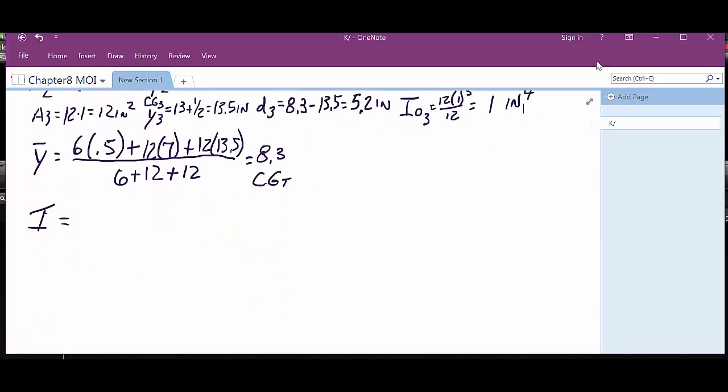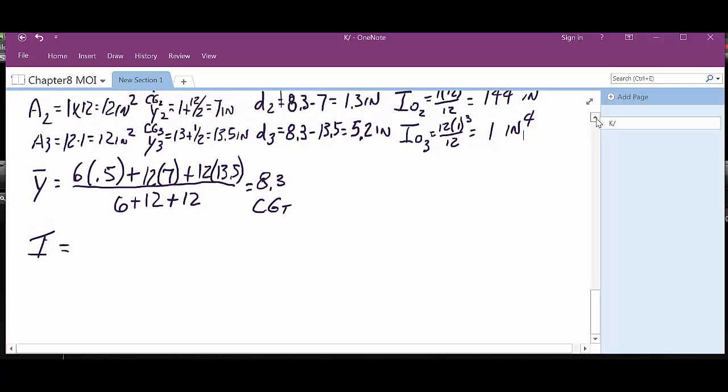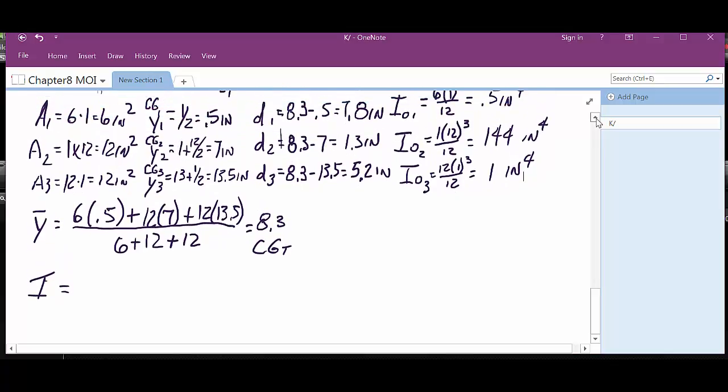So now we can solve for that. Can get it all on there. So the moment of inertia for the first one was a 1/2 inch. So 0.5. I'm not going to put the units in here. Plus the area of the first one, which was 6, times D, which was, see, was that 7.8?